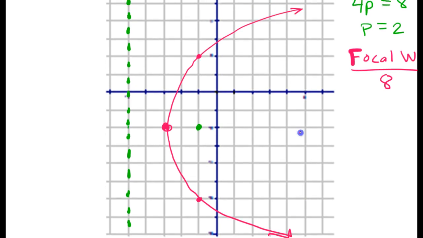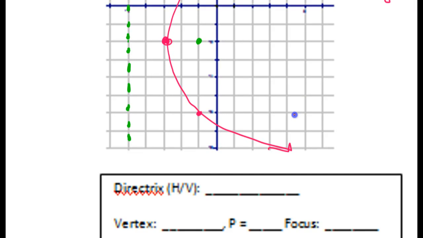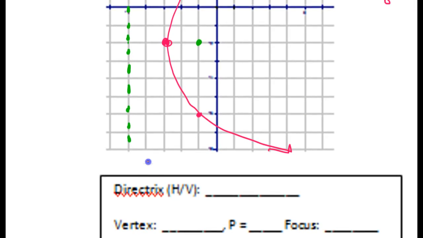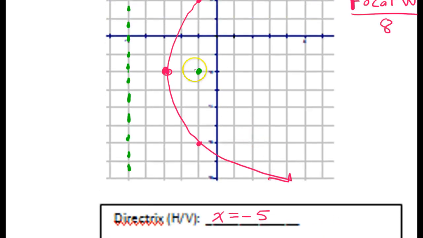Okay, so your parabola should look a lot like that. Let's see, what are they asking us for? The equation of the directrix. That's a vertical line at negative 5. Vertical lines are always x equals something. So x equals negative 5. The vertex was at negative 3 comma negative 2. The p-value was 2. The focus is right here at negative 1 comma negative 2.